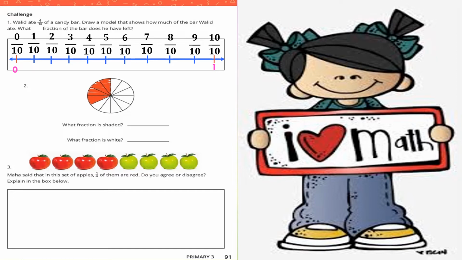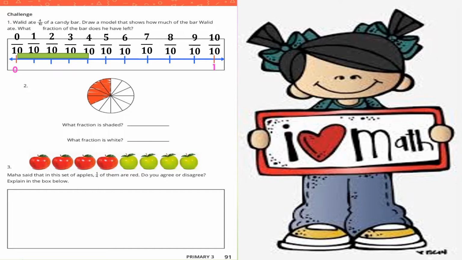Here we wanted to locate 4/10 on this number line. What shall we do? We must start from 0/10 and join between 0/10 and 4/10. Okay, this is the location of 4/10 on this number line.